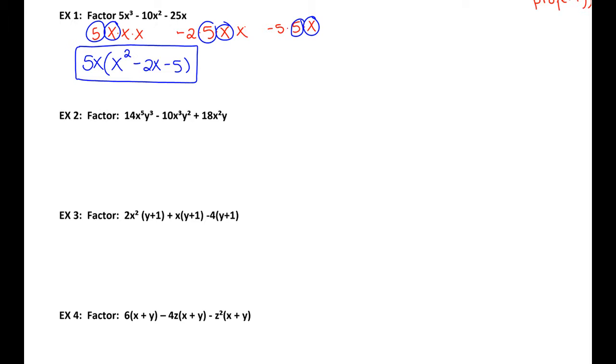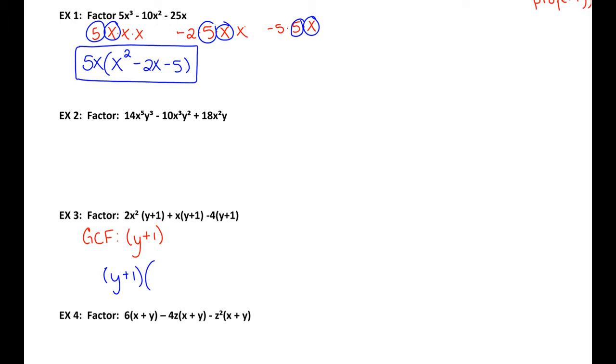In this case, the greatest common factor that appears in all three terms is a quantity, and it is the quantity y plus 1. So the quantity y plus 1 is going to sit out front, and the second set of parentheses is going to be all of the factors left over.